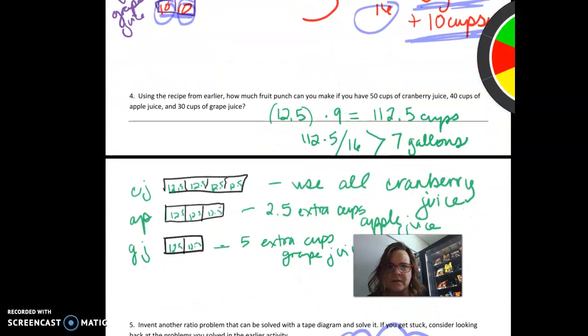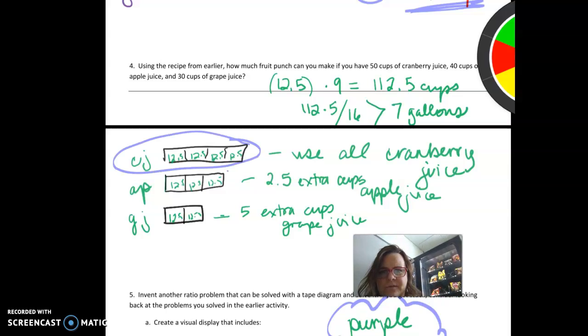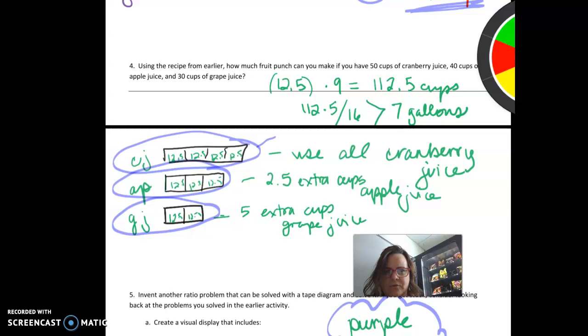All right. Using the recipe from earlier, how much fruit punch can you make if you have 50 cups of cranberry? So what I did is I remade those strip diagrams so that they would match the ratios of 4 parts cranberry to 3 parts apple to 2 parts grape. And then I divided 50 by 4 and I got 12.5.